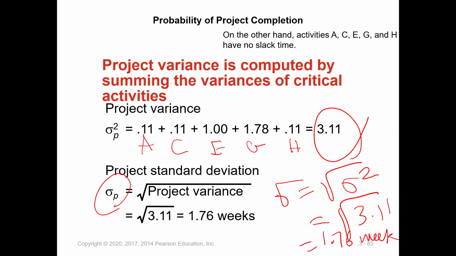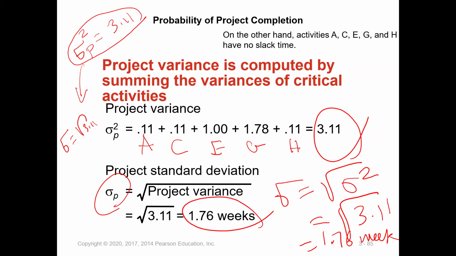This is the sigma square for the project, which is equal to 3.11. And now we will calculate sigma, which is equal to the square root of 3.11. The square root of 3.11 is 1.76.